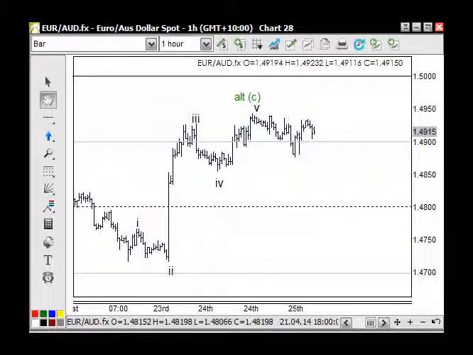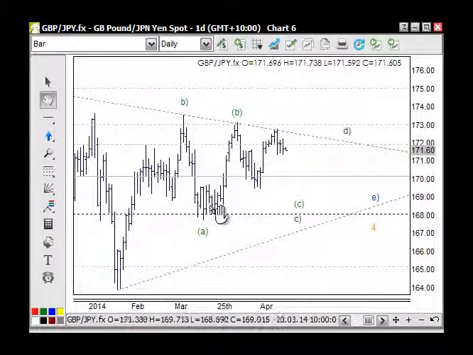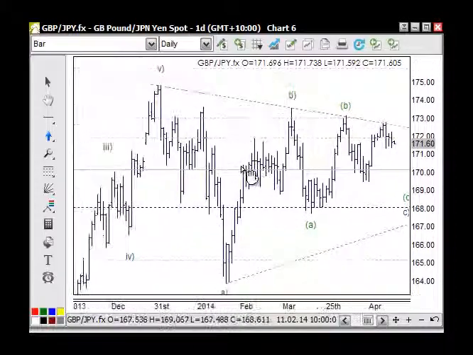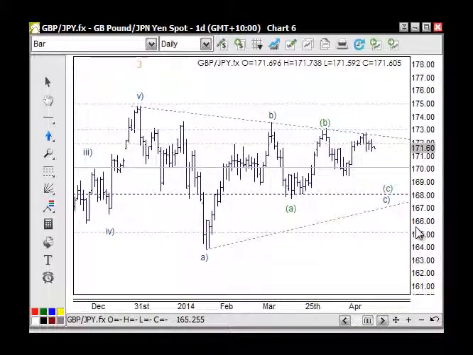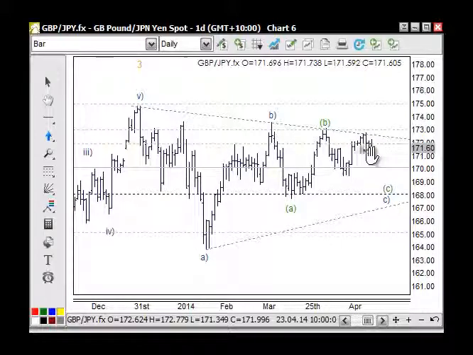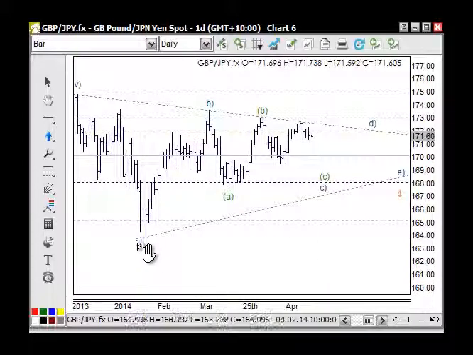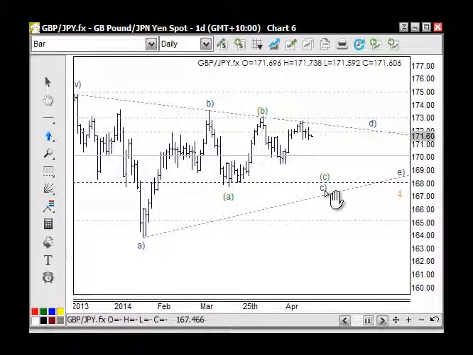The pound yen and the euro yen are in these sort of pretty complicated triangle patterns, coming across here from wave 3 into wave 4 over here, and we've got the A wave, the B wave, and we're looking for the C wave here. C waves in triangles are in 3 waves, and we're looking at that in terms of the A wave, the B wave, and the C wave moving down through to here.